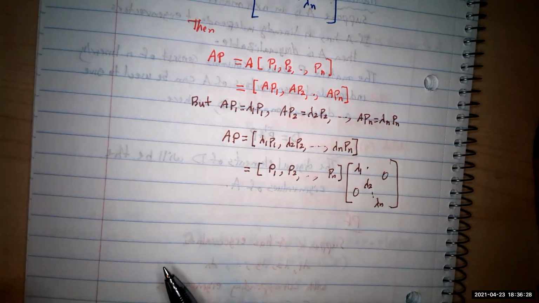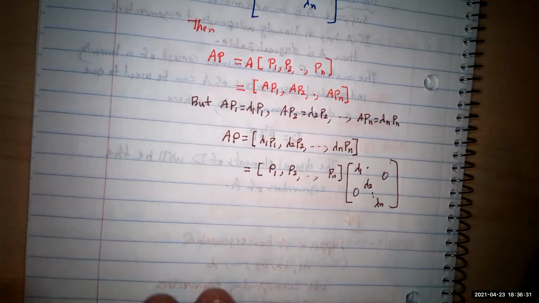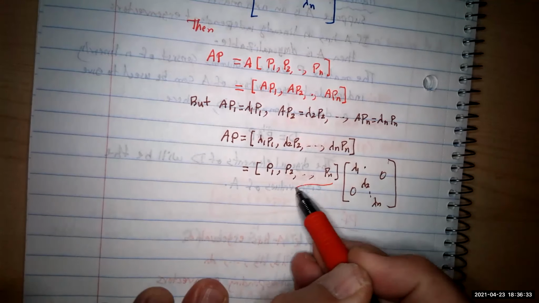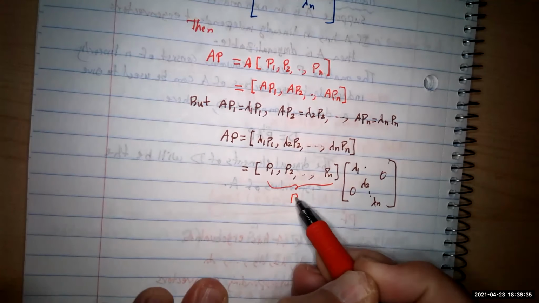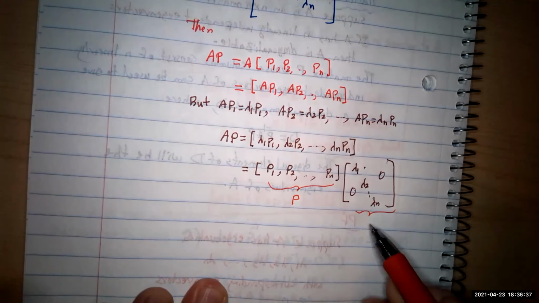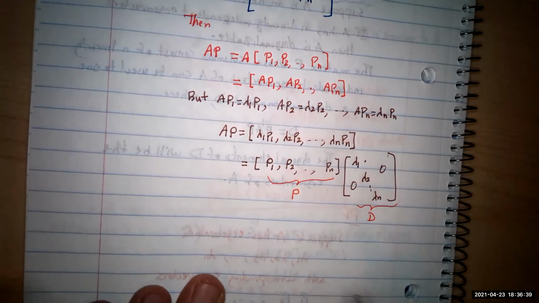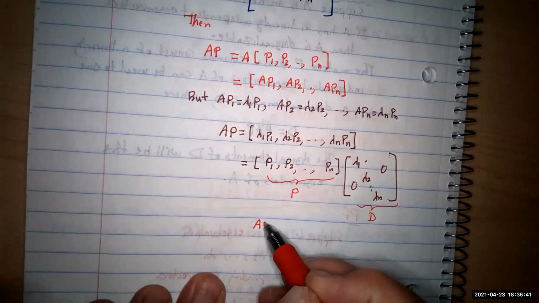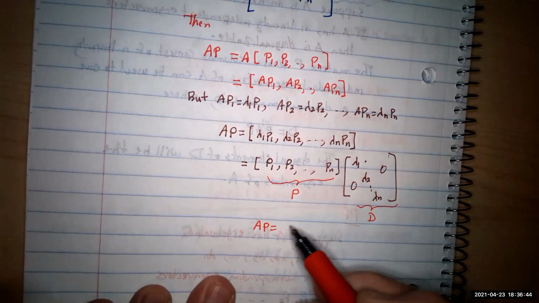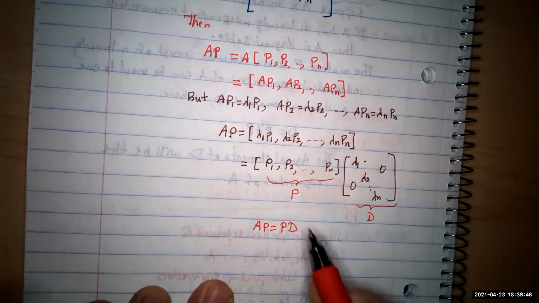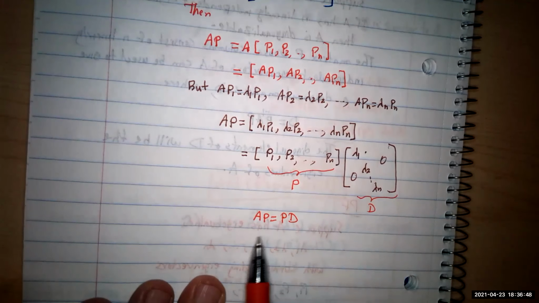Everything else is 0. That's it. What is this? This is the matrix P. What is this? The matrix D. So what did I prove? I proved that A P is equal to P D.